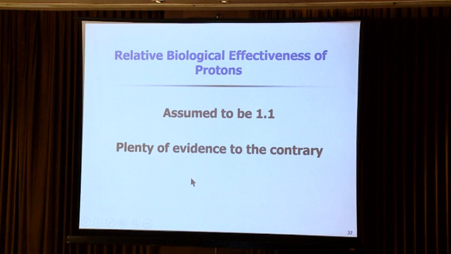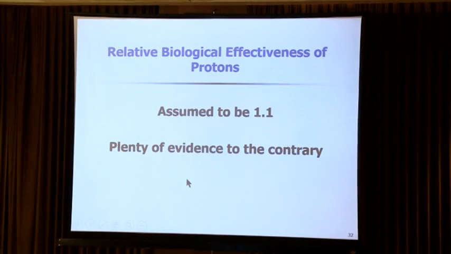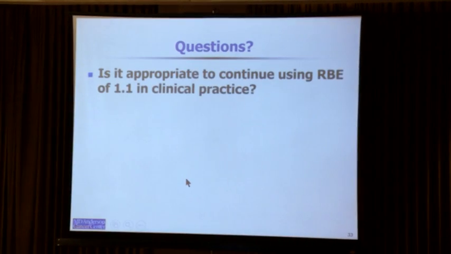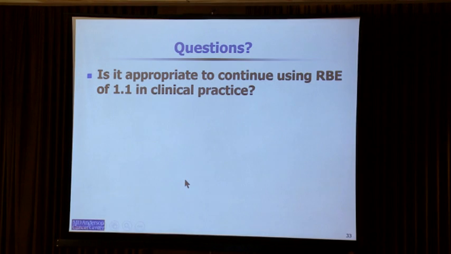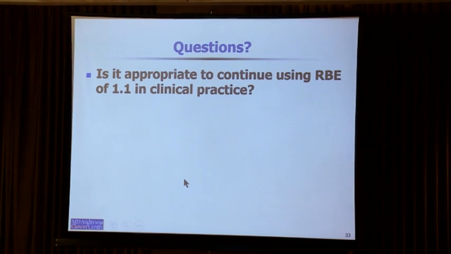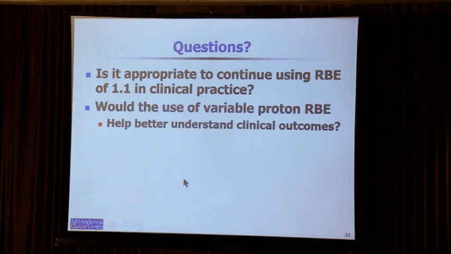So as I mentioned, we assumed 1.1, but there is plenty of evidence that that is an approximation and which may not be good for the patients. By the way, I gave some of these slides in a talk in Geneva last week, and I posed questions. Is it appropriate to continue using a relative biological effectiveness of 1.1 in clinical practice?